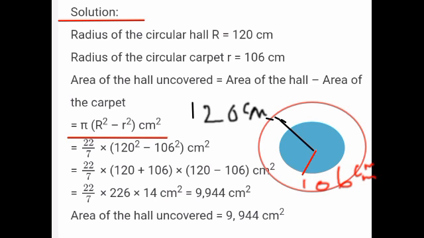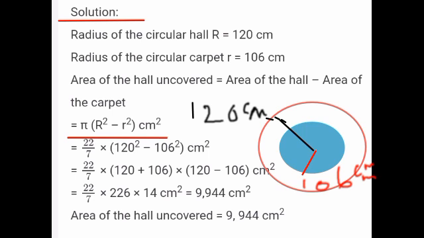The formula is pi into capital R square minus small r square. Substitute the value of pi 22 by 7 into R square minus r square, that is 120 square minus 106 square. We can write 120 square minus 106 square as 120 plus 106 into 120 minus 106. Sum of 120 plus 106 equal to 226.